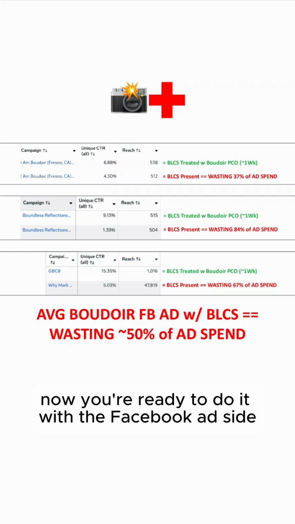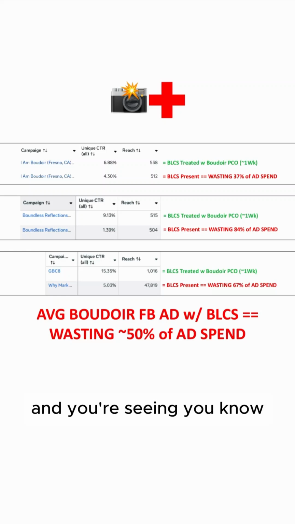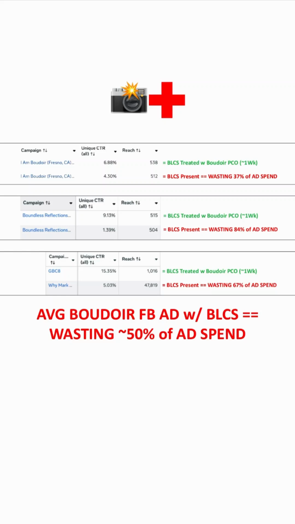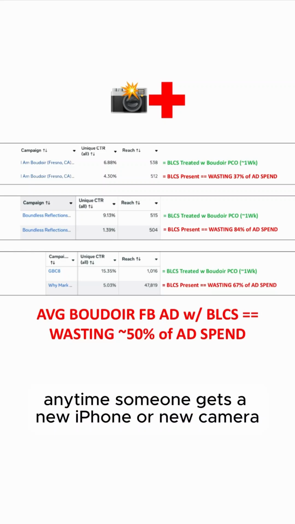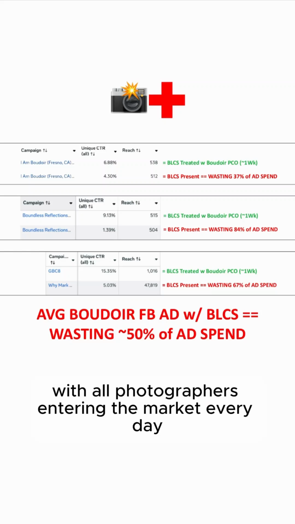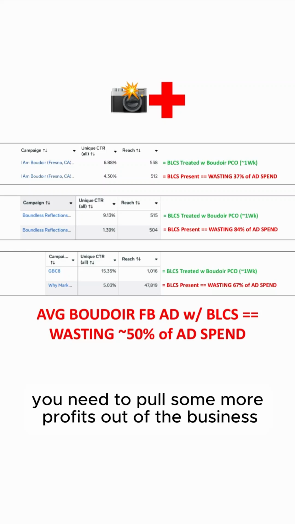Now you're ready to do it on the Facebook ad side of the business, and you're seeing more and more market saturation every single day. Anytime someone gets a new iPhone or new camera, there are new Google My Business profiles popping up. More Boudoir photographers are entering the market every day, and there's more inflation in life, so you need to pull some more profits out of the business.